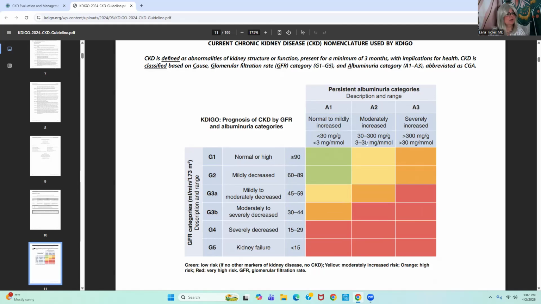But depending on whether there is a certain type of protein in the urine, albumin, that will give you your deeper staging for your chronic kidney disease. And you can see if it's A1, then there might be no protein in the urine at all, or it might be less than 30 milligrams per gram, or less than 3 milligrams per millimole. Labs will present the unit in various ways.